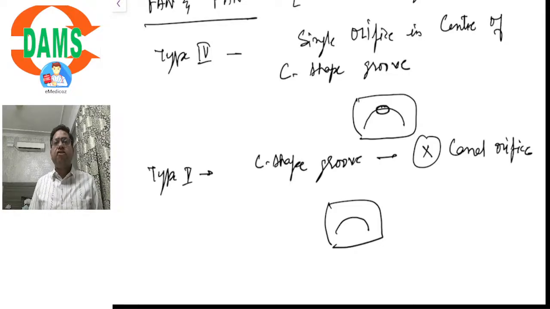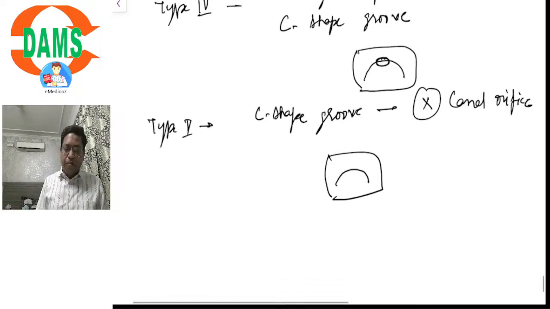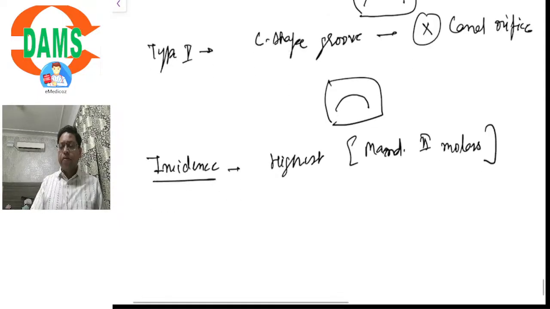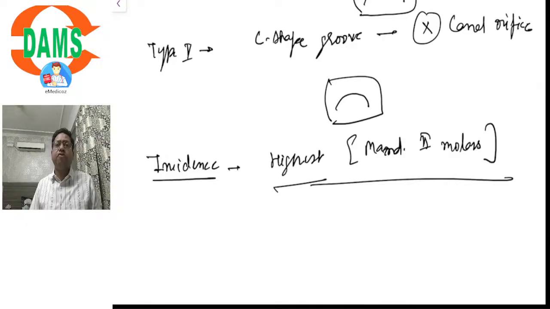These are the C-shaped root canals. If we talk about the incidence of C-shaped canals, the highest incidence is in mandibular second molars.